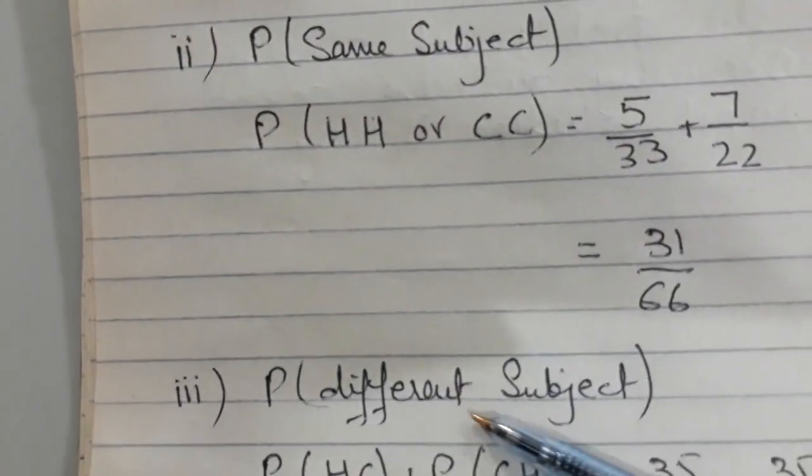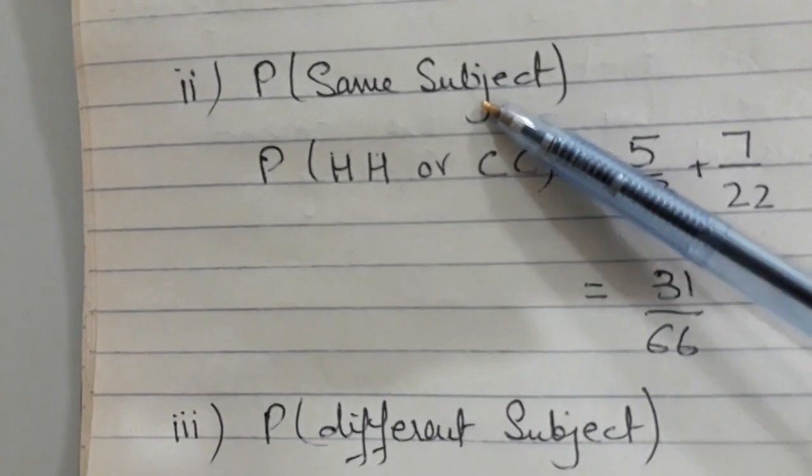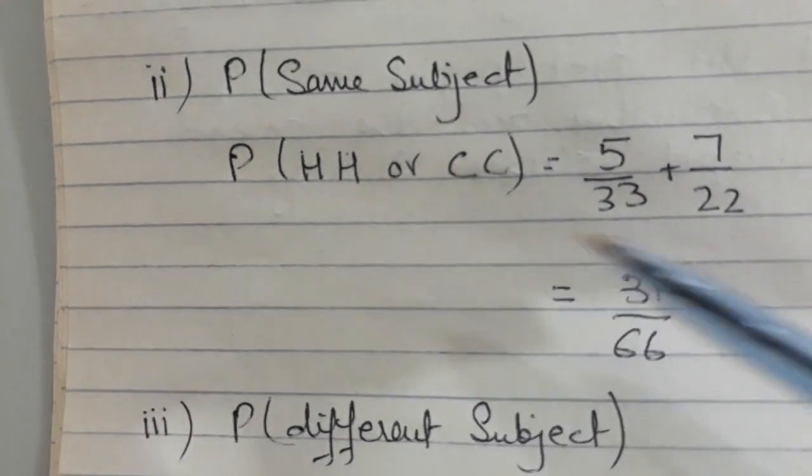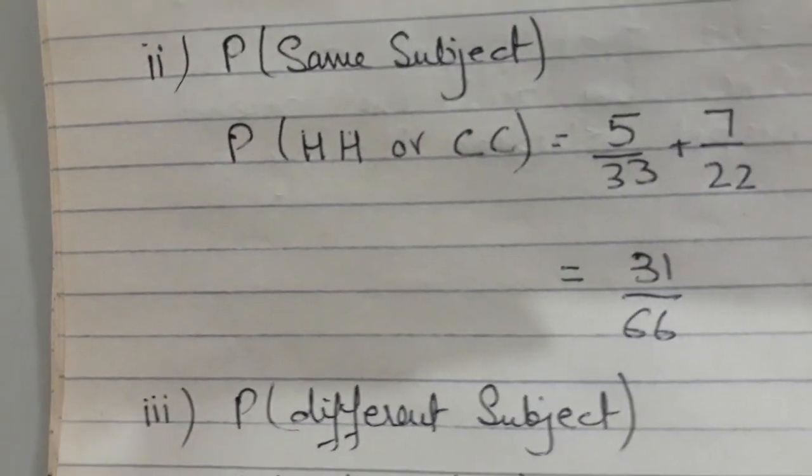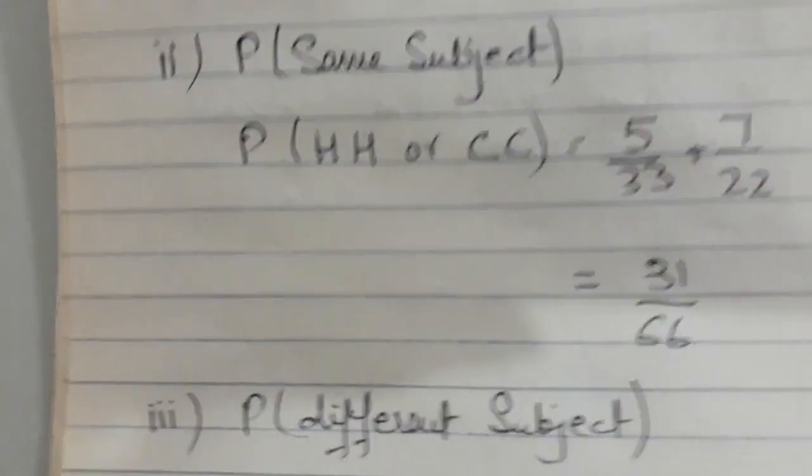Okay, so the next question was, what is the probability that the students picked up have different subjects? There are two ways to do it, because I know the probability for the same subject. It is this. So one way is that you subtract it from 1.